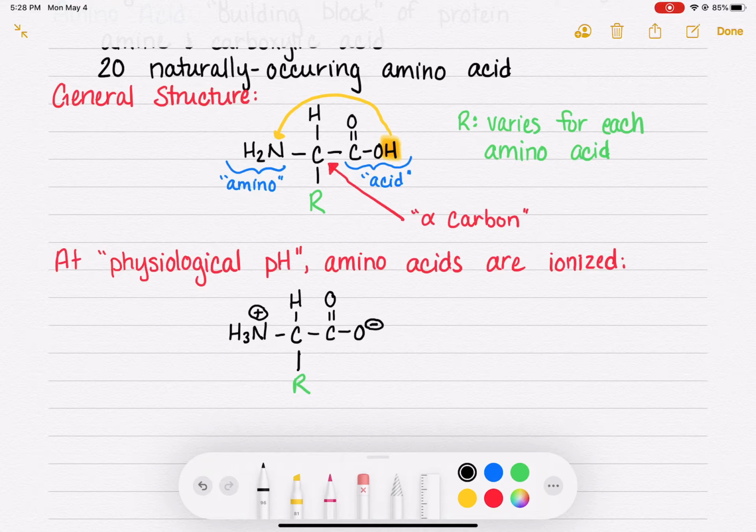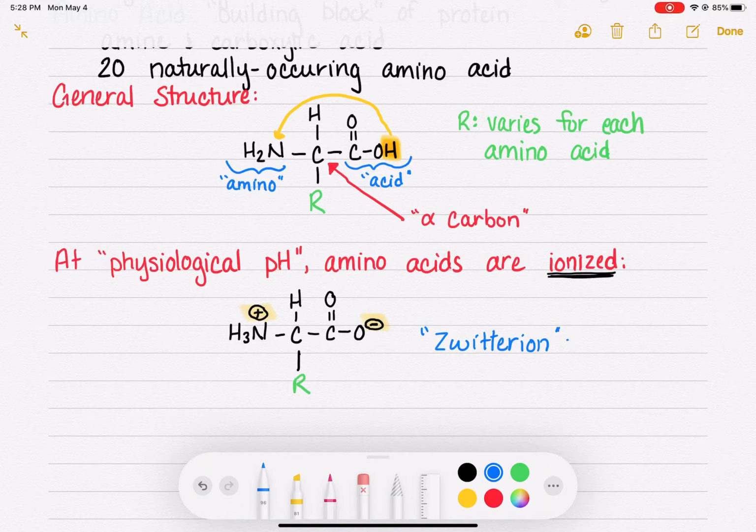So as a result of the hydrogen moving from the oxygen over to the nitrogen, the amino acid becomes ionized. This particular type of ion, something that has both a positive charge and a negative charge all at the same time, it's not a cation, it's not an anion, it's called a Zwitter ion, which is maybe something that you heard in Chem 121, but I feel like probably not.